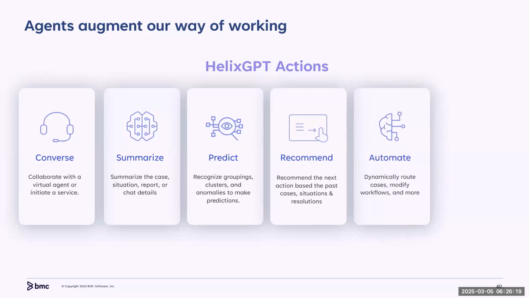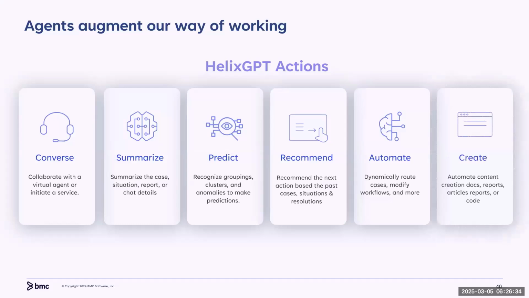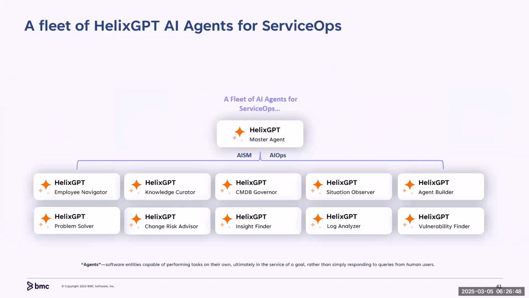There are several other actions: predict which support team an incident should be assigned to, recommend the best actions that should be performed after doing the previous actions, automate in a big way, create dashboards, create knowledge articles or other documents based on the power of generative AI. So all of these actions are embedded in BMC Helix products.